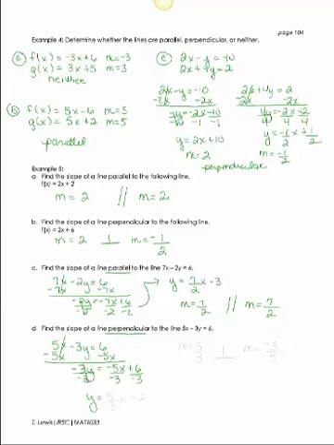We have y is equal to positive 5 over 3 x minus 2. So our slope for this equation is 5 over 3. We're looking for the perpendicular slope. So we're going to negate 5 over 3, which is negative, and then take the reciprocal. We have 3/5. And that is our solution.